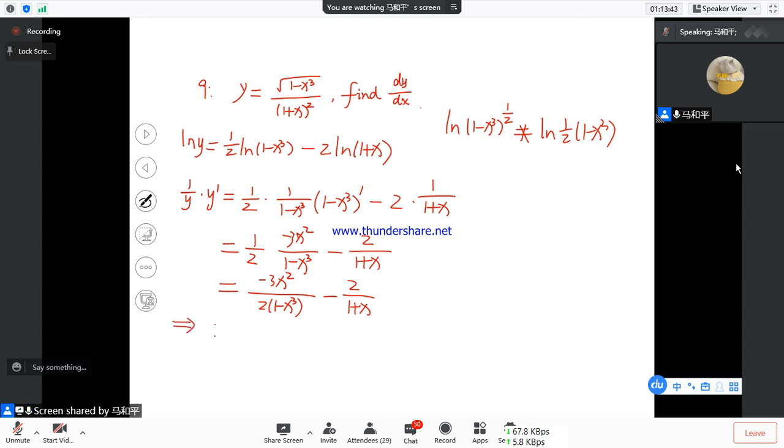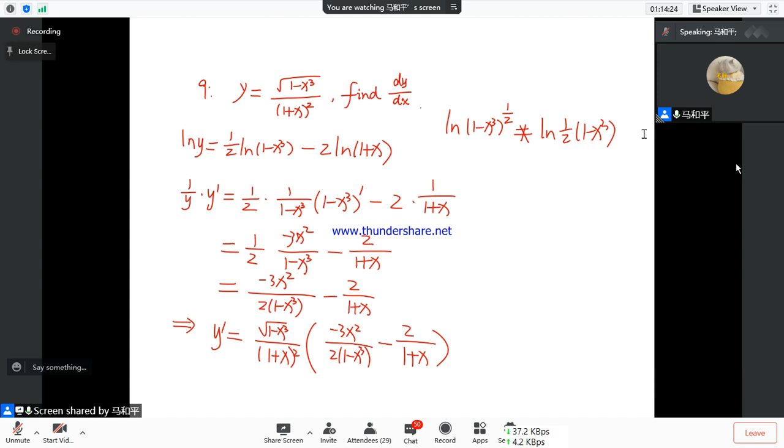So we have y prime is equal to y times this expression, involving x cubed over 1 plus x and negative x squared over 2. Let me see which one is right.